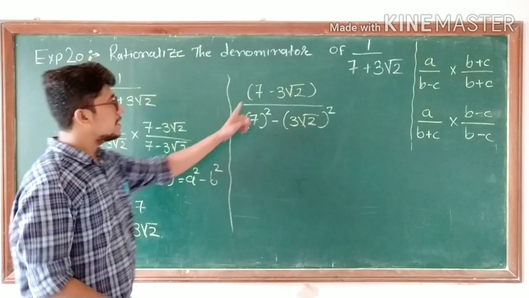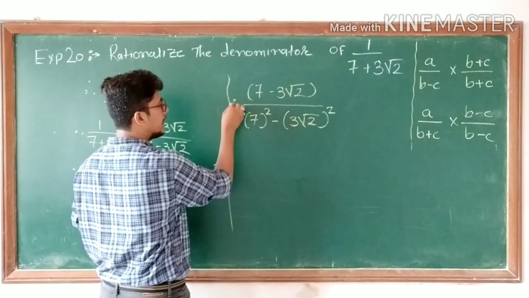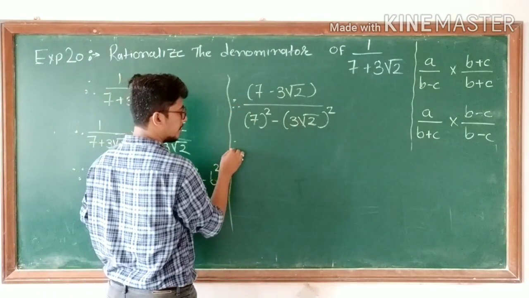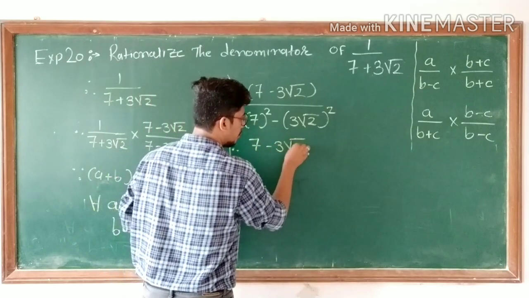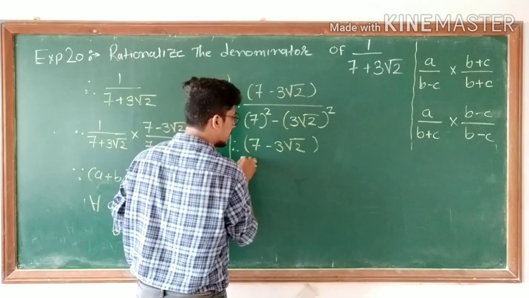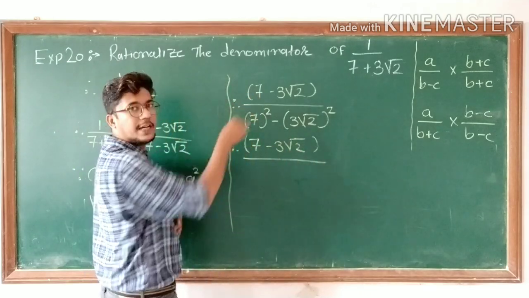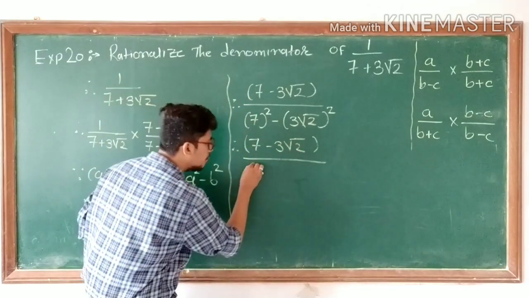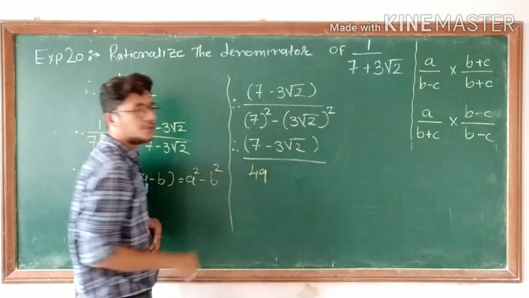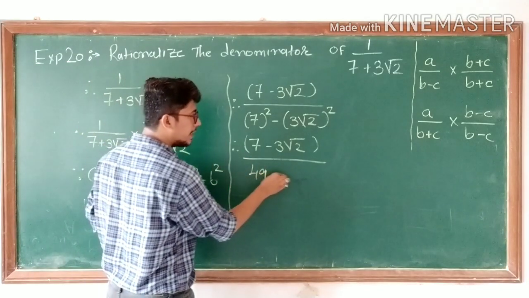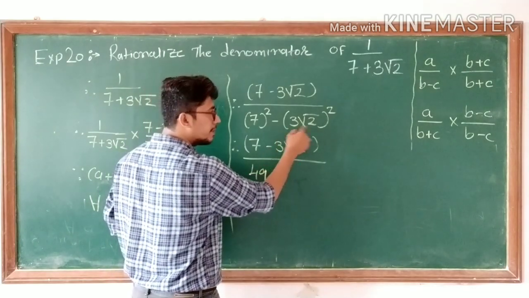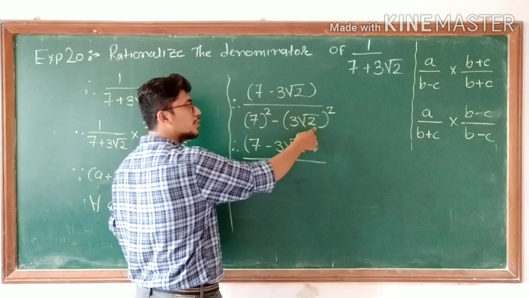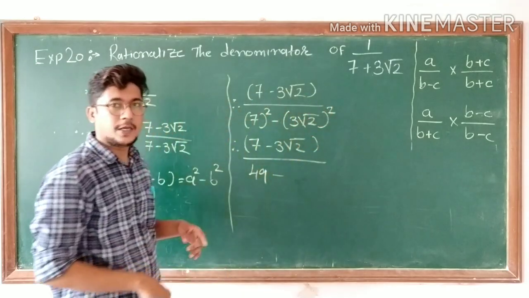So now 7 minus 3 root 2 you can write as it is. What is 7 square? 7 sevens are 49. Yes or no? Yes. Now here you have two numbers which have been multiplied and they have a square also.